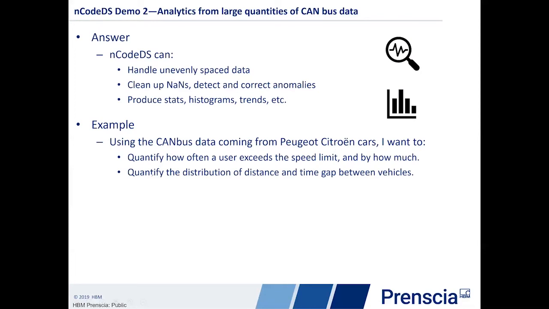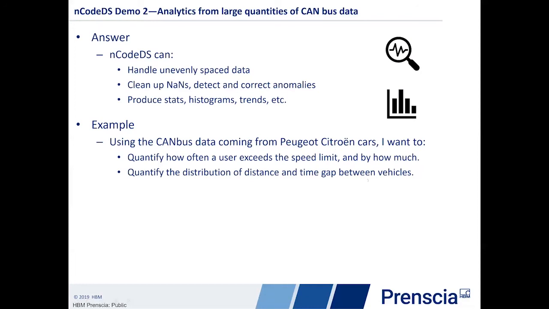The second bullet point here is I want to quantify the distribution of distance and time gap between vehicles. So how securely, if you want, does a typical user drive? Like, is this typical user close to the vehicle that's in front of him or her, in distance or in time gap as well?